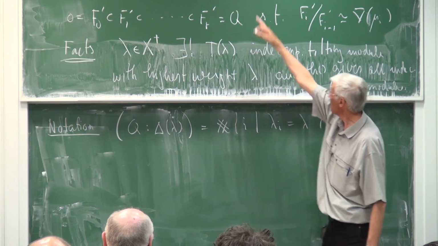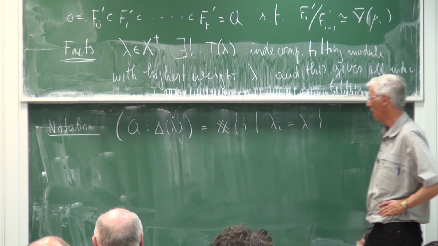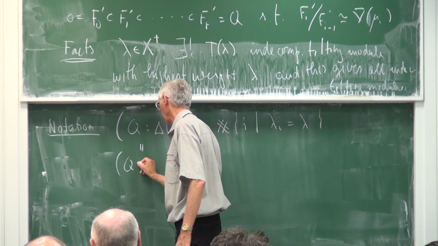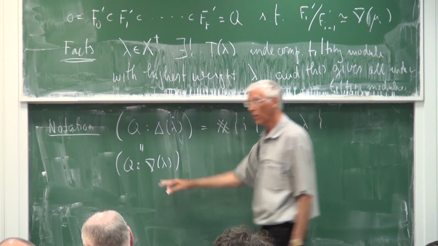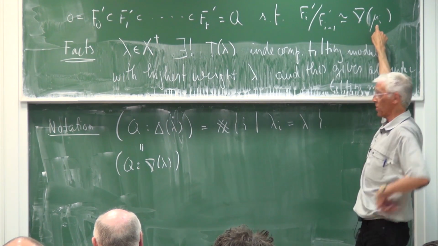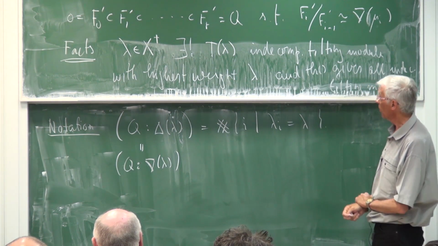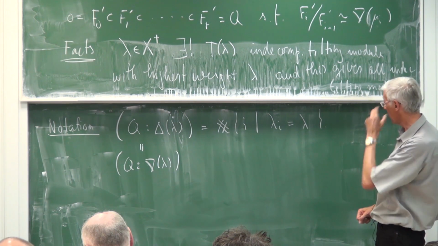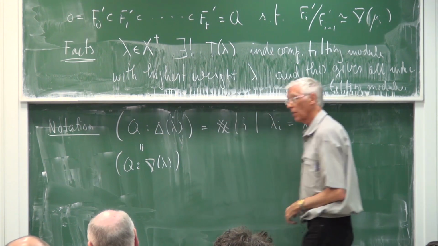Maybe the same lambda occurs 7 times in the sequence there. I will maybe also need the notation here, but it will mean just the same thing. This is counting the number of j's down here, such that mu j is equal to lambda, but this will be the same number for some very good reasons, which I don't want to get into. So this is my notation, which counts how many times it occurs.